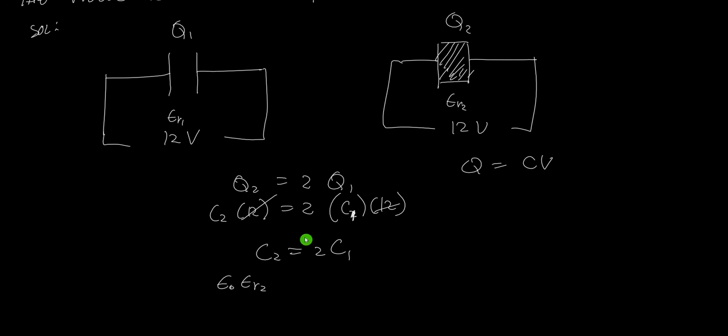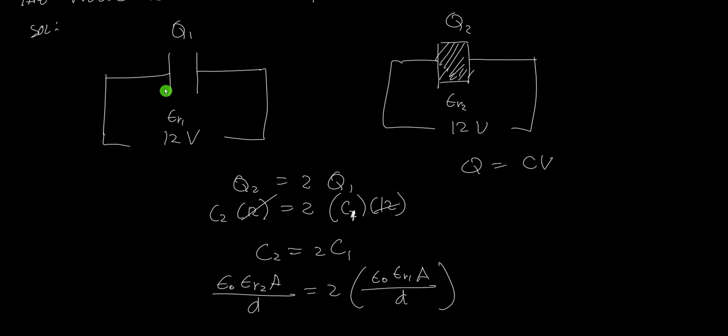The area is the same and the thickness is also the same, because the same plates are used. You only insert some dielectric between those plates. For C1, so 2 times epsilon naught times epsilon R1, the area over T.